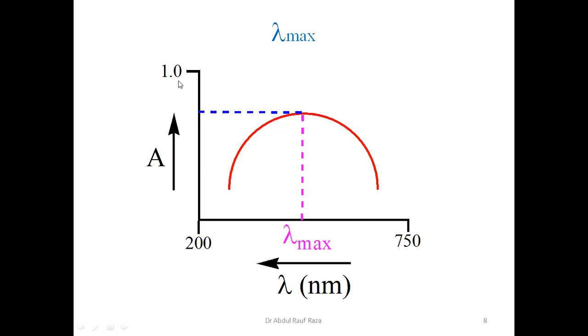You can see the central point of maximum height, this value is called absorbance, and this value along the wavelength axis is called lambda max. This is also a wavelength and also shows absorbance, but it is not the maximum absorbance. So that wavelength where a chromophore shows maximum absorbance is called lambda max.